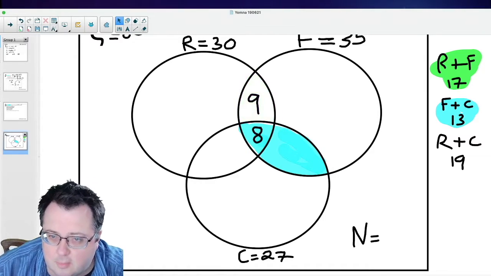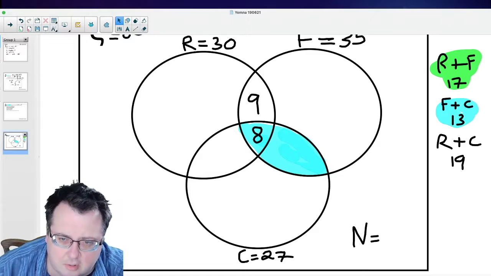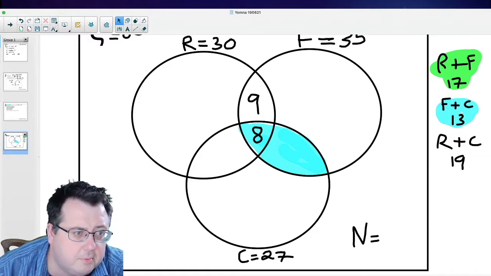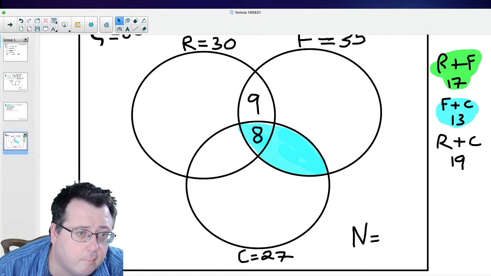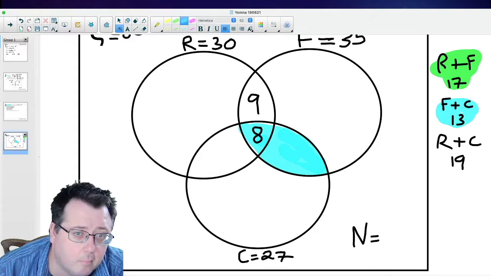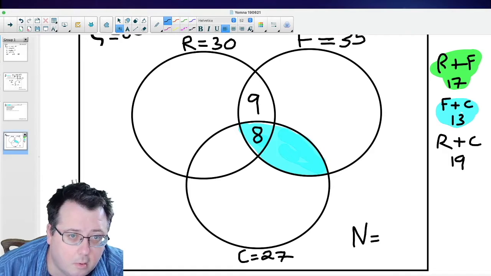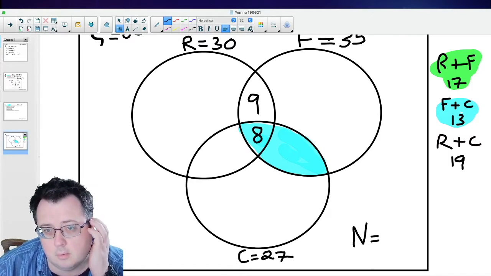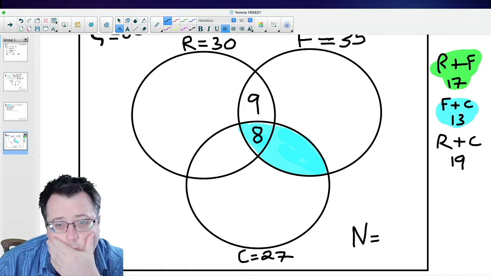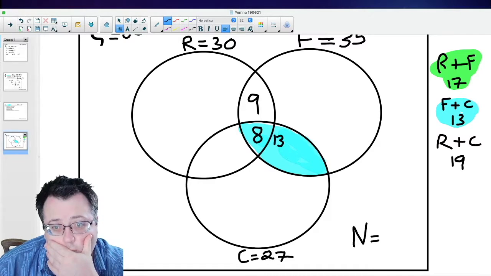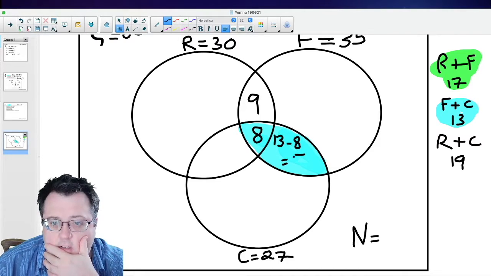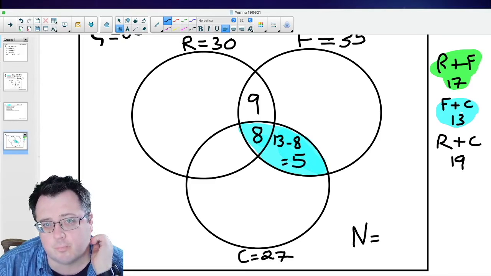We're now looking for the blue section. Can you see what goes in the rest of the blue ellipse? Would it be, let's see, 5? Yes. Is that okay?